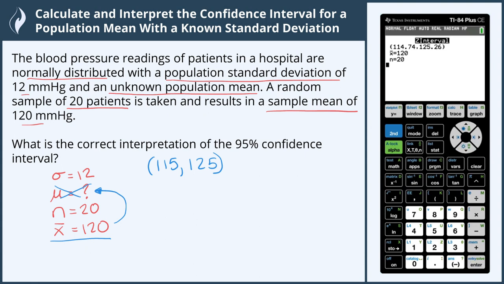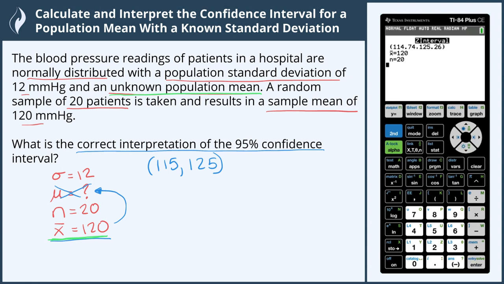Now let's go ahead and interpret our confidence interval. If we go back to our original question, we know that we have the population standard deviation, but we have an unknown population mean. In fact, we used the sample mean as an estimate for our population mean.